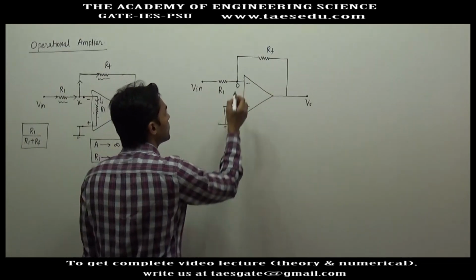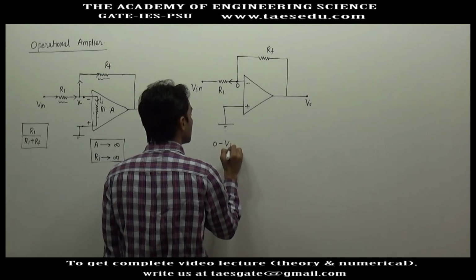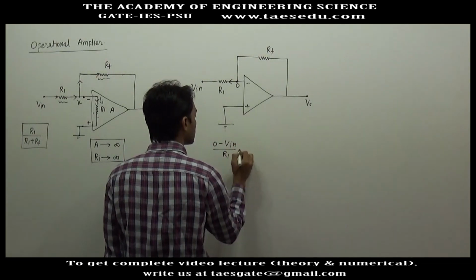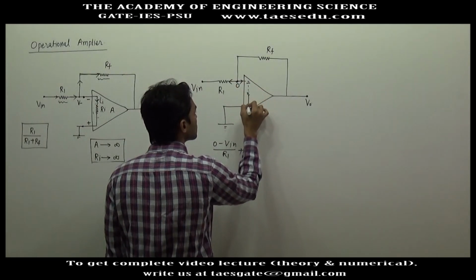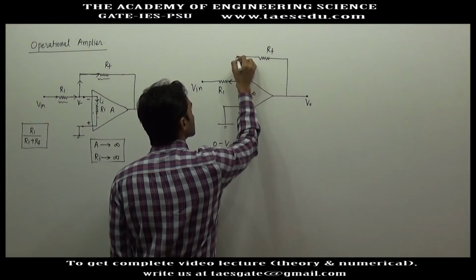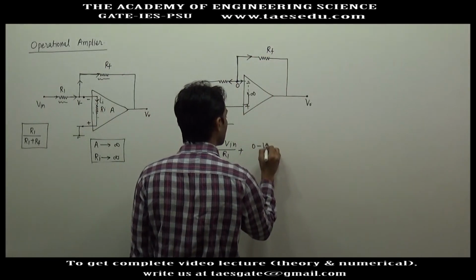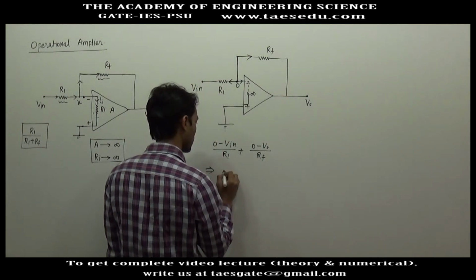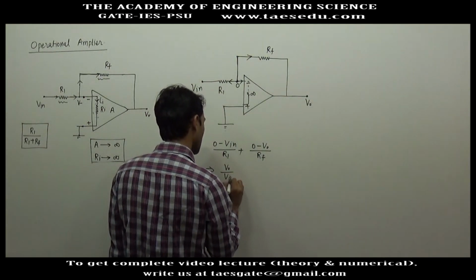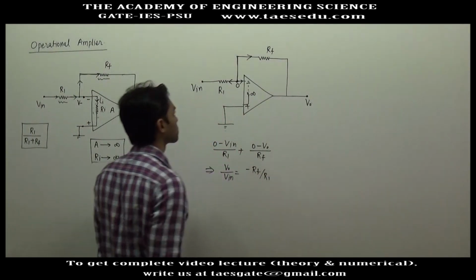Now if you apply KCL here, this current will be 0 minus V input divided by R1, plus here current will be 0 due to infinite input impedance. And what is the current here? 0 minus V naught divided by Rf. So from here you will get V naught divided by V input equal to minus Rf divided by R1.